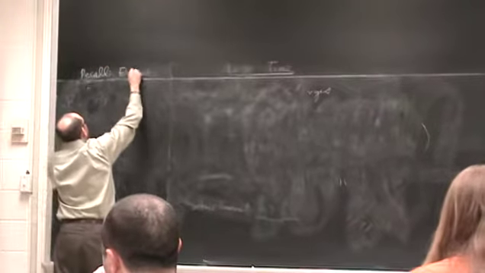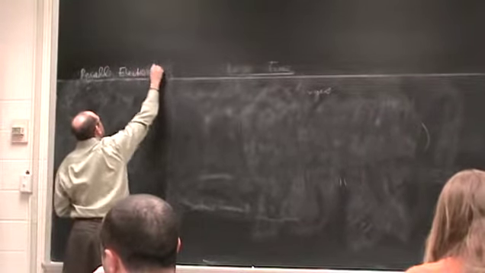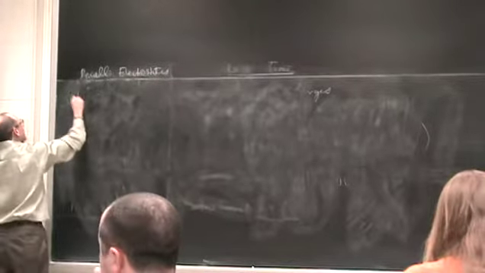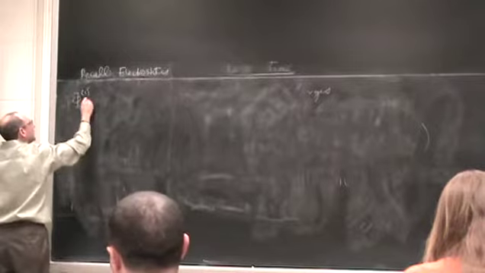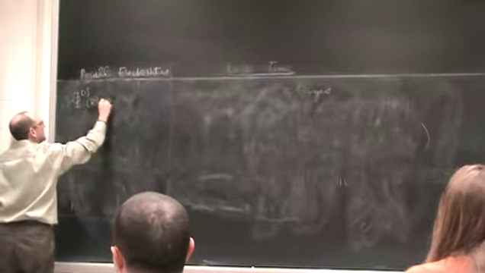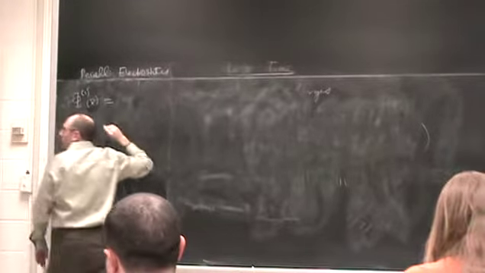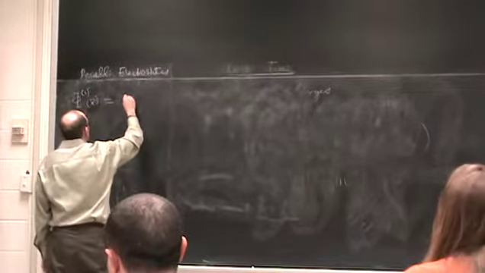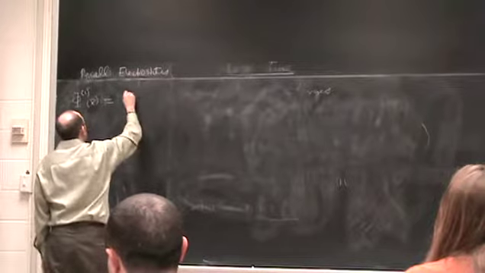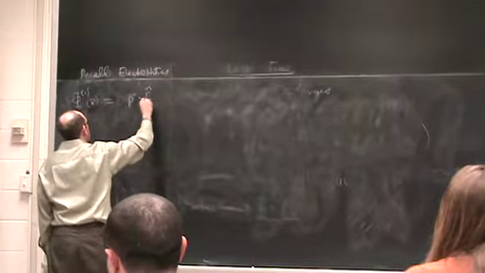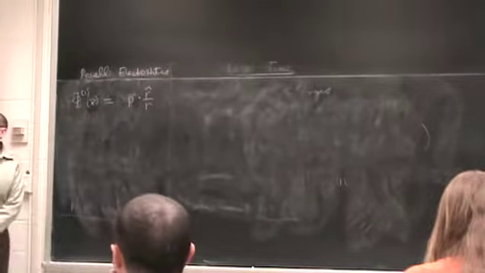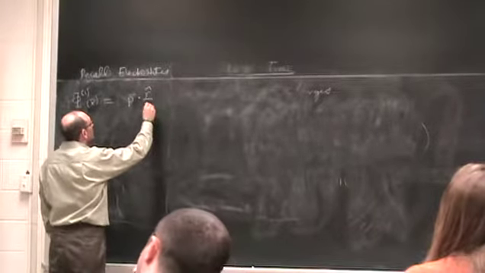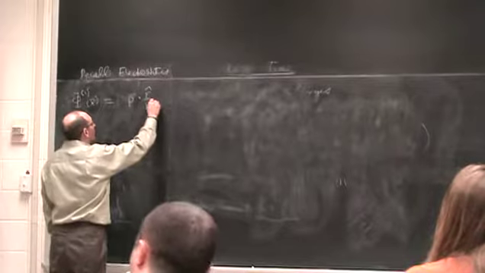In electrostatics, the dipolar potential was equal to P dot R hat over R, sorry, R squared.